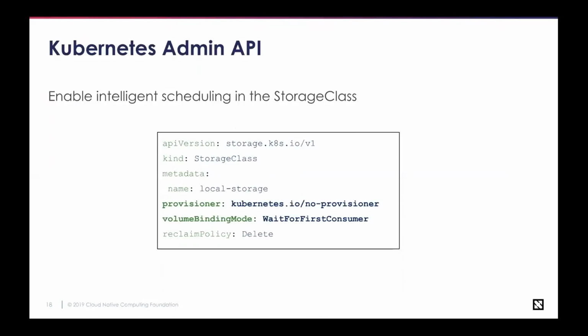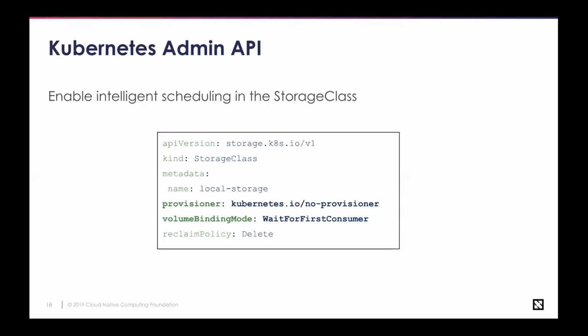Here in our admin APIs, this is where we can start providing that storage provider specific and environment specific details. So as a Kubernetes admin, what you would do is to create a storage class and also enable the intelligent scheduling logic that we've built in.